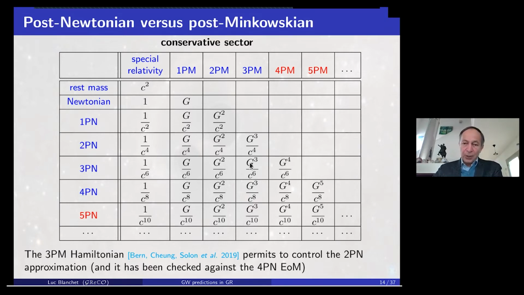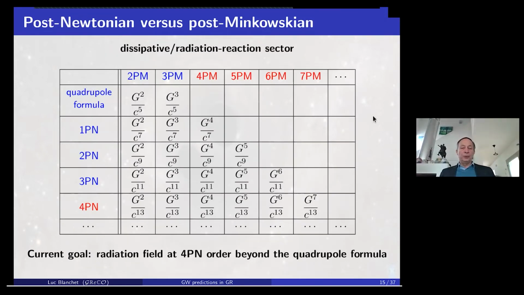But of course, the 3PM approximation controls many higher-order terms in the post-Newtonian expansion. On the other hand, the 4PN approximation controls as well the G^4 and G^5 terms that are out of reach of the post-Minkowskian approximation. So the two approximations are extremely useful and complementary.